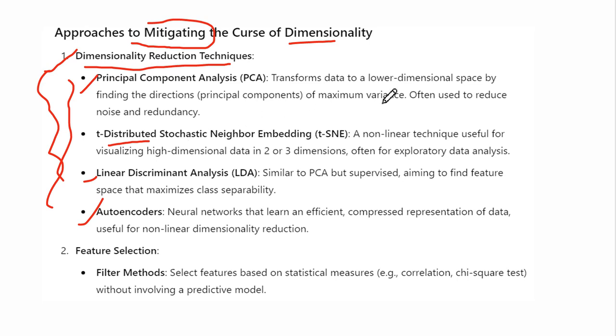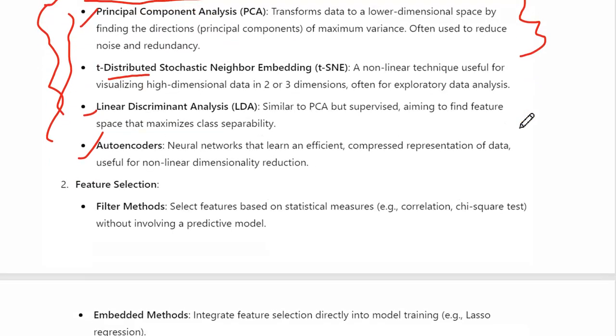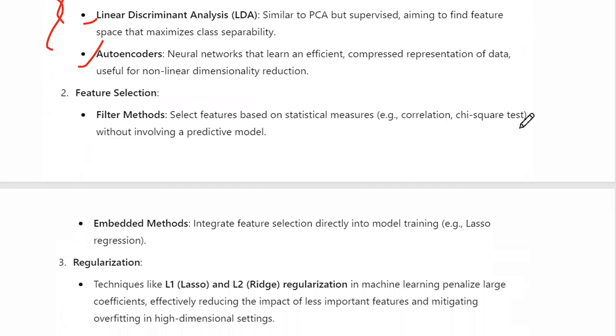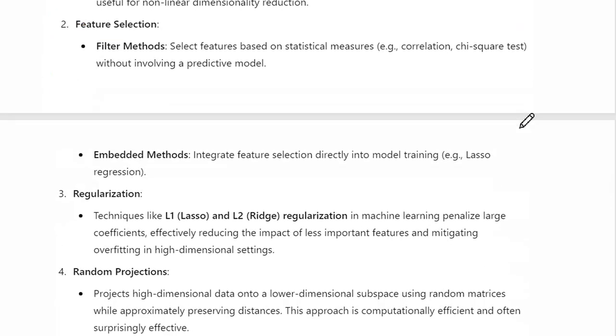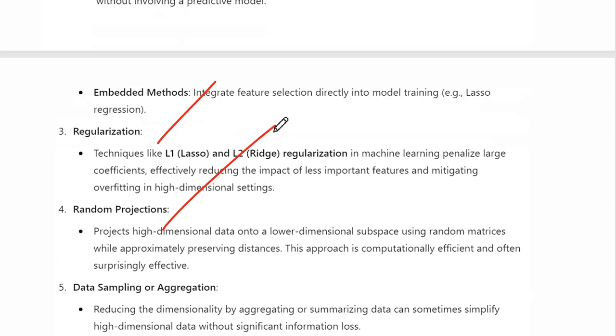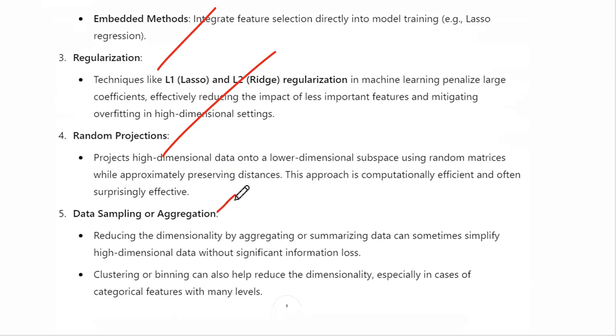In this lecture we mainly focus on how to reduce the dimensionality with the concept of PCA. Clear? There are also some more approaches to mitigate the curse of dimensionality: feature selection, regularization, random projection, data sampling or aggregation.